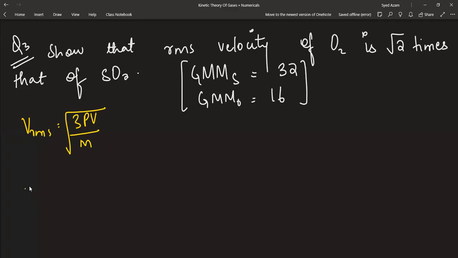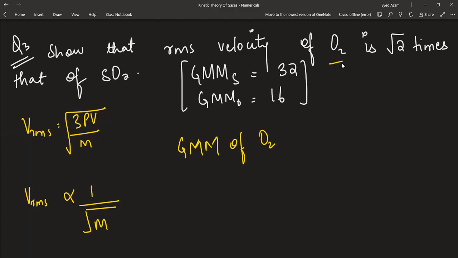So rather than solving the pressure's value, the volume's value, and then cancelling it, you can directly see that RMS velocity is inversely proportional to the root of the gram molecular mass, right? So what do we have to calculate? The gram molecular mass of O2.